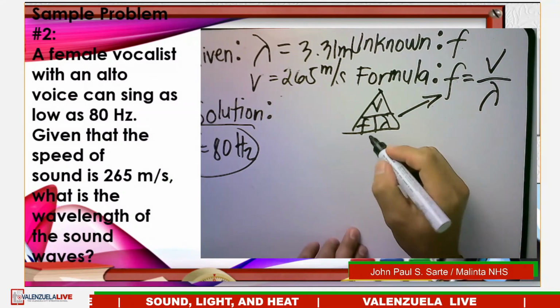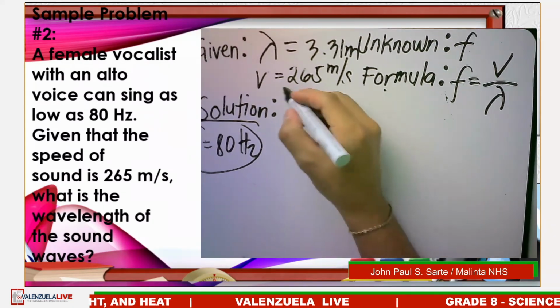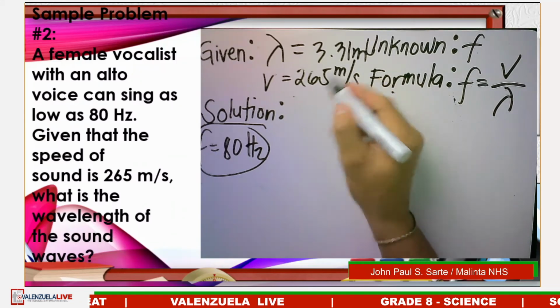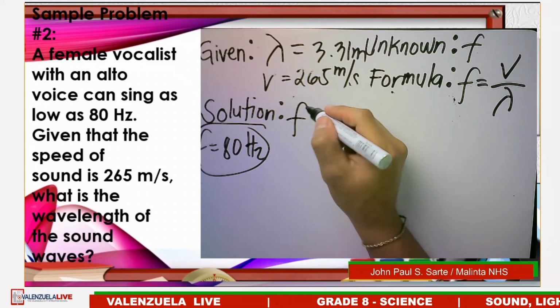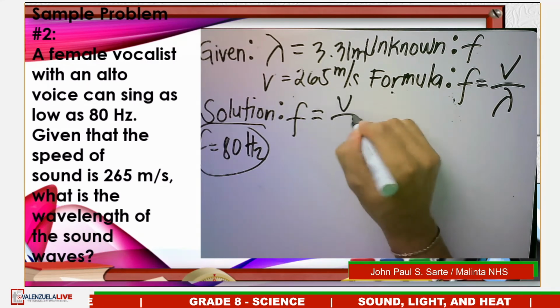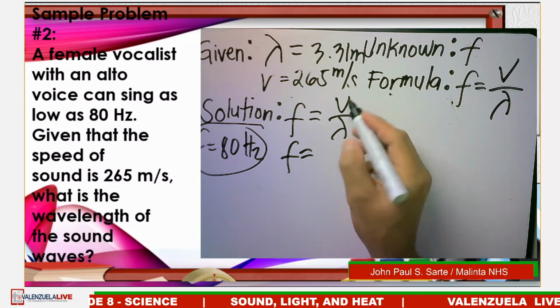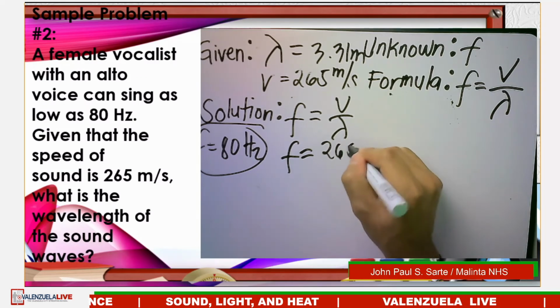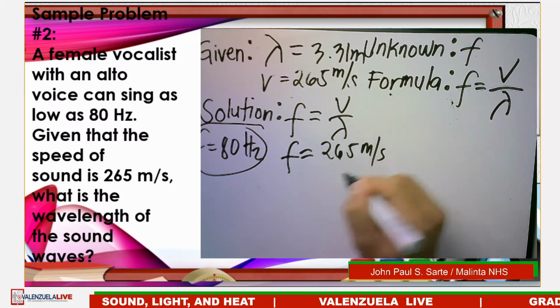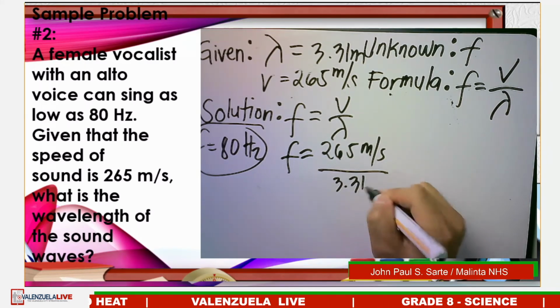Now, what is our solution? Frequency is equal to V over lambda. Then, you need to substitute. The value of V is 265 meters per second over 3.31 meters.